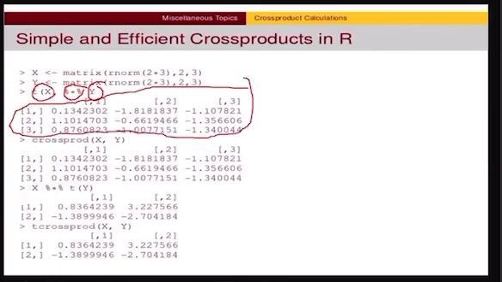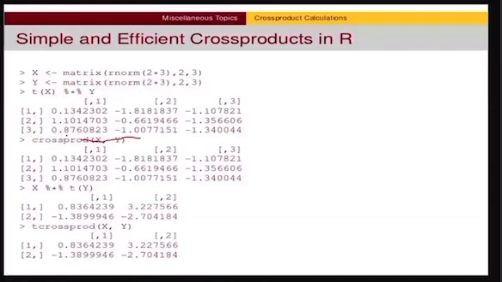Another way you can do that in R, if you don't want to program the transpose of X multiplied by Y, is you can just write crossprod. Take a look at this. The moment you have your X and Y defined, you can just write crossprod(X, Y). It's going to give you the cross product you're talking about.